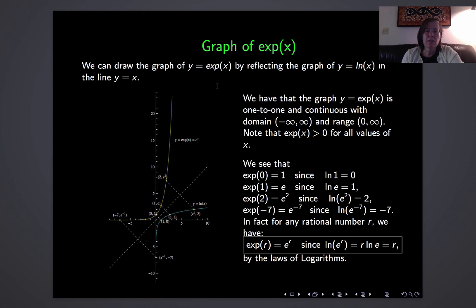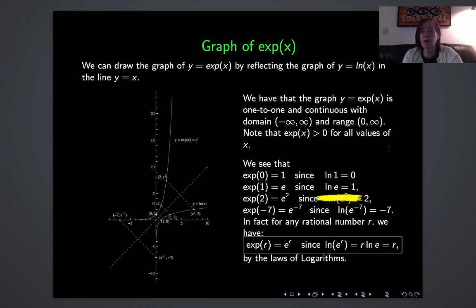Note that the exponential function is always positive. For any value of x, exponential of x is positive because, of course, the range of the function is everything from 0 to infinity. And we see also that since the natural log of 1 is 0, exponential of 0 must be 1.